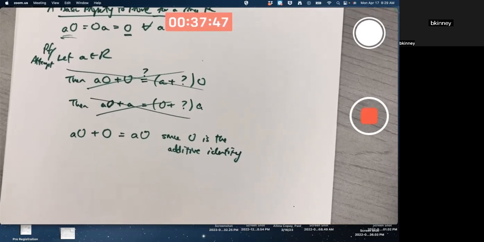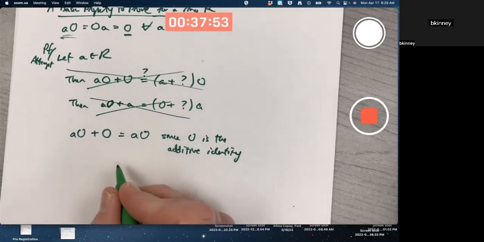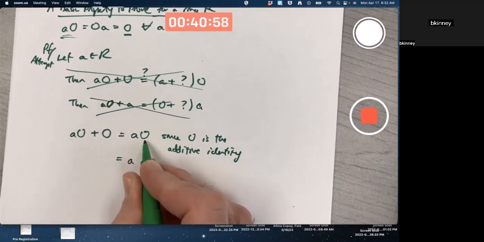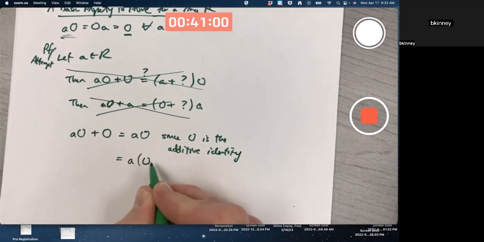That's got to be relevant. And what's my goal? My goal is to show A times 0 is 0. Here's the trick now. Replace this 0 with 0 plus 0.